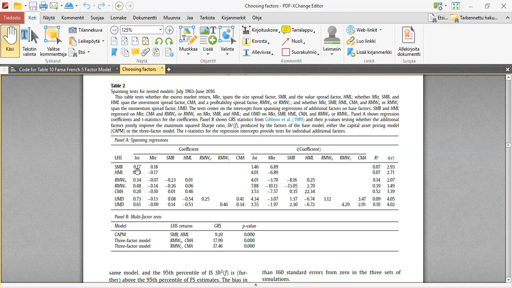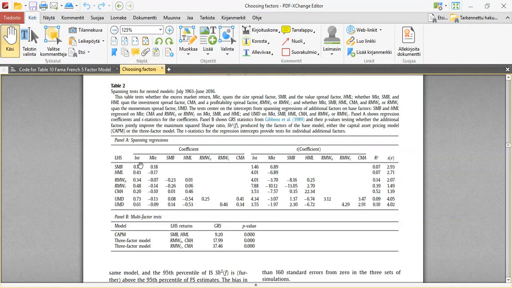So the intercept term of the first regression equation is 0.17. So 17% of the excess returns of the SMB factor remain unexplained by its exposure to the market factor. But the T statistic, on the right-hand side, is 1.46.